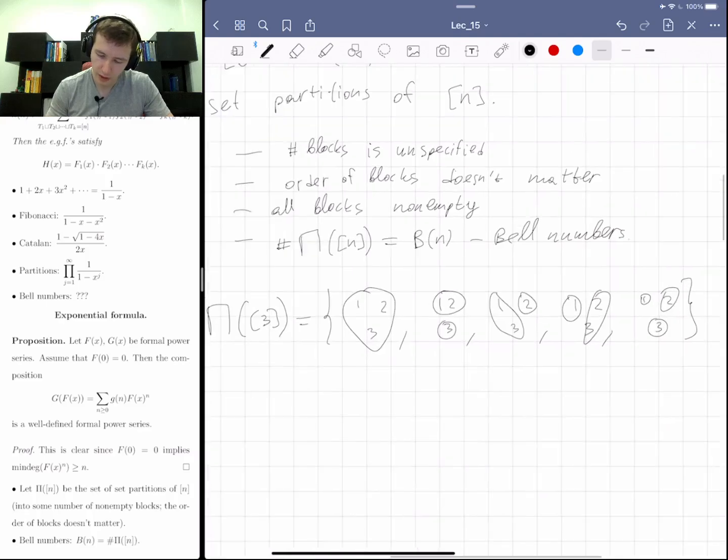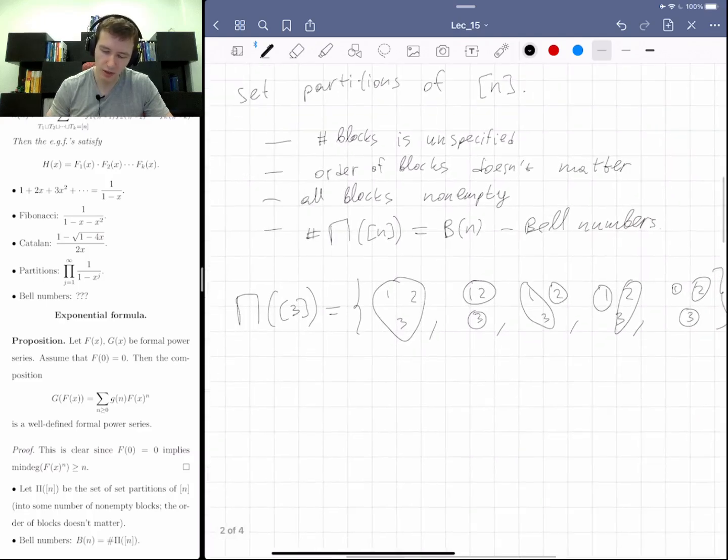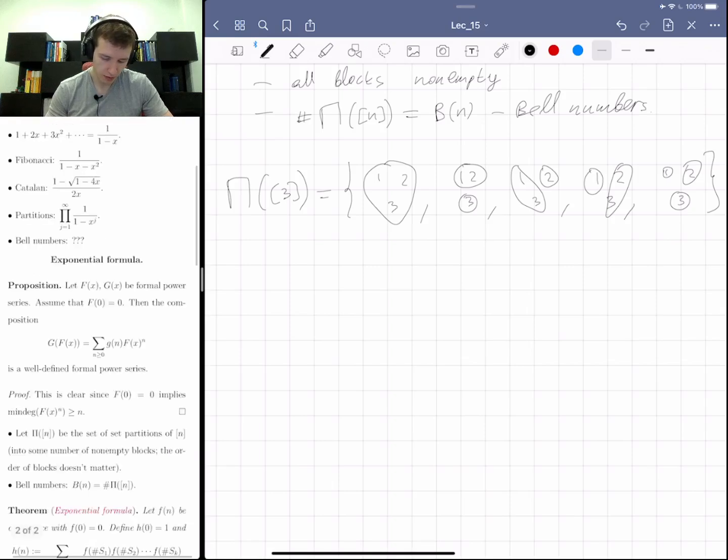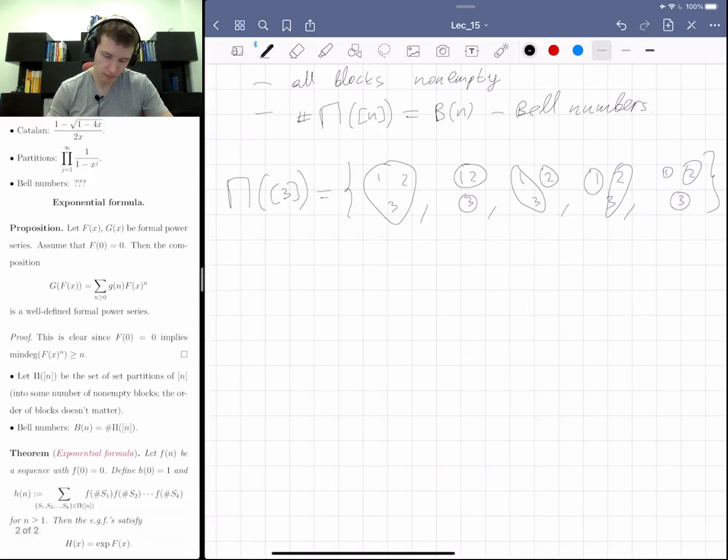So that's the kind of object I'm talking about. Okay, here's the exponential formula.